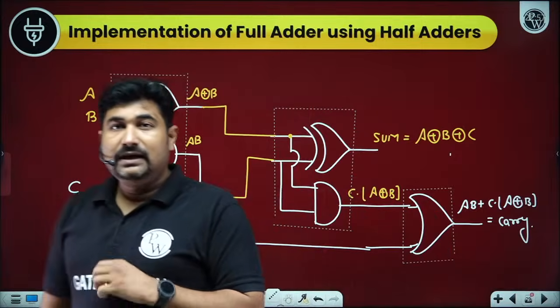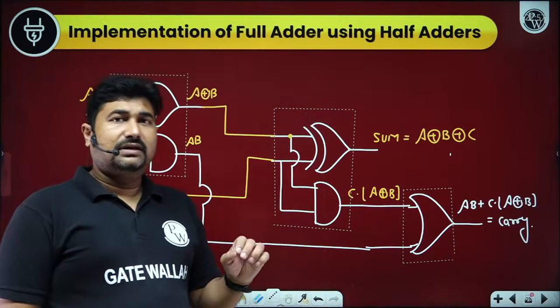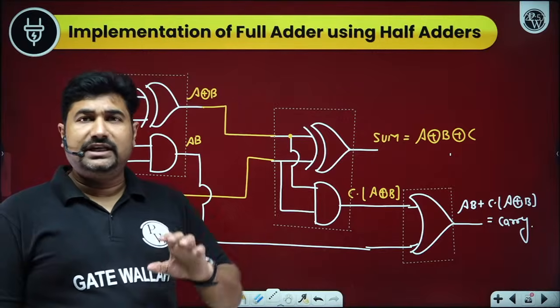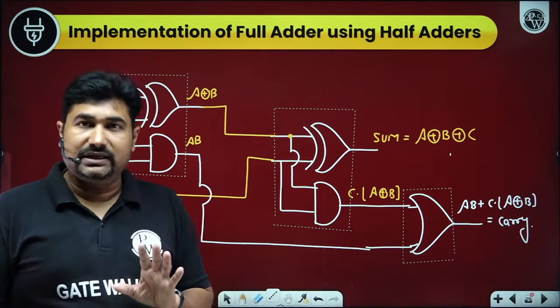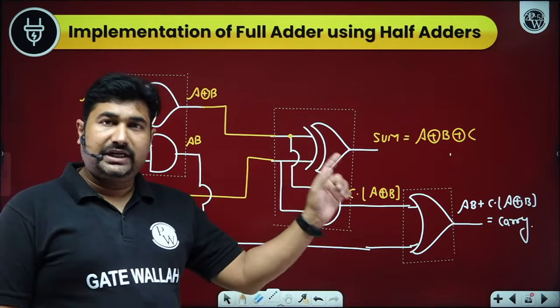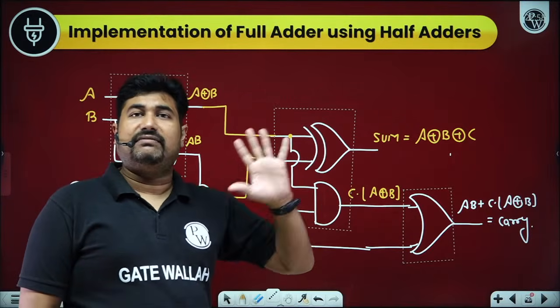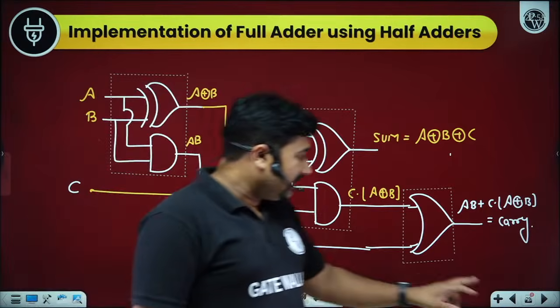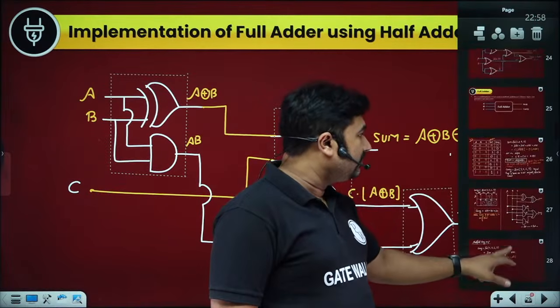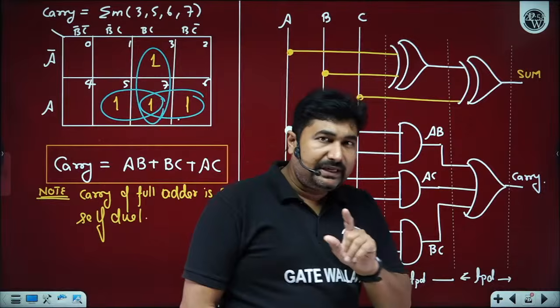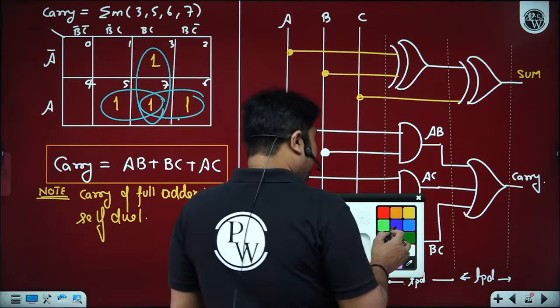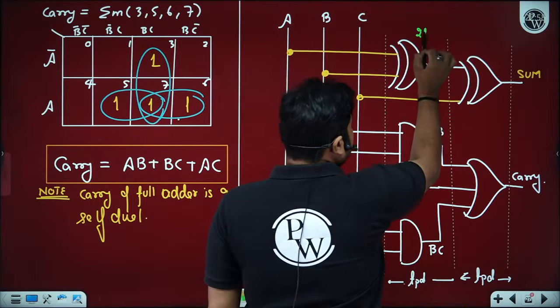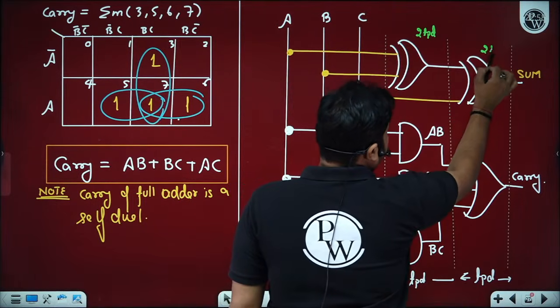Yes, sir. Suppose XOR gates will have a delay of 2 TPD and basic gate will have a delay of TPD, then how much time would it take to have sum bit and carry bit available at the output? So XOR gate will have a delay of 2 TPD, then this will take 2 TPD time, this will take 2 TPD time.